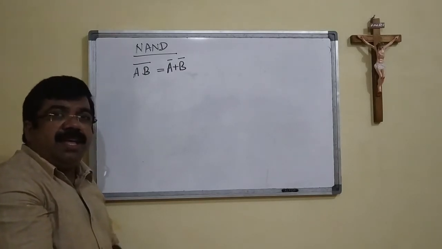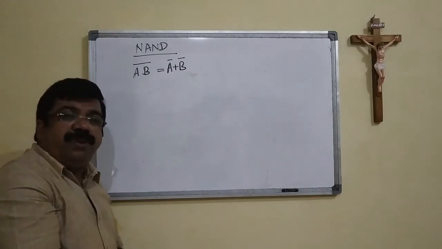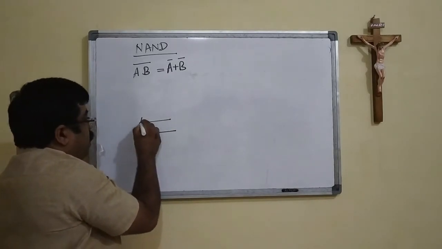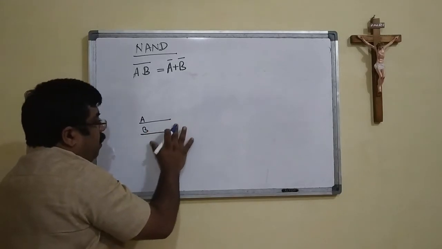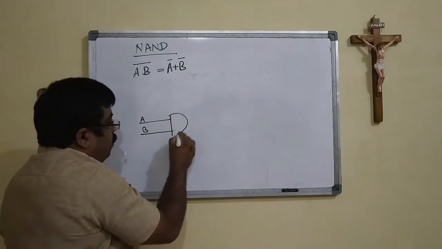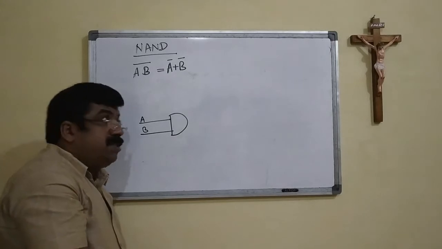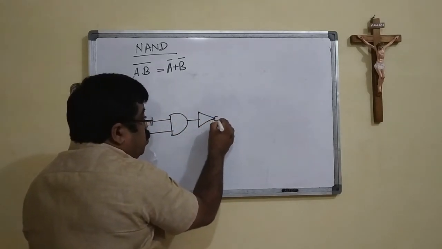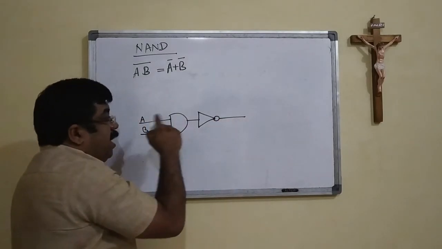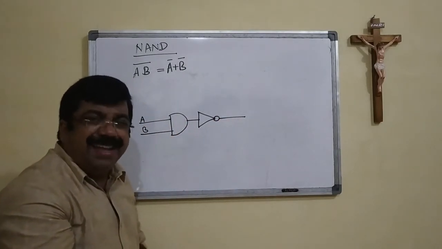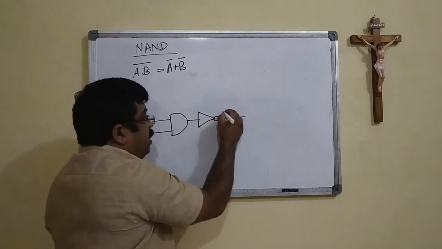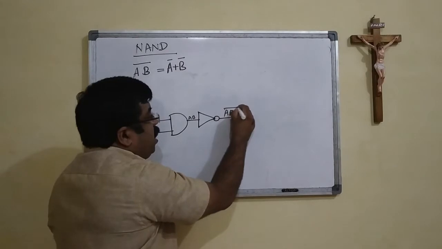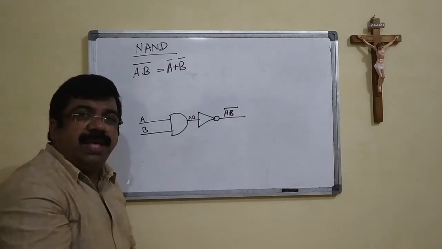This is the formula of the NAND gate. Let us see. A, B, we had the AND gate. When we add a NOT at the end of this, we should get A into B, the whole bar.